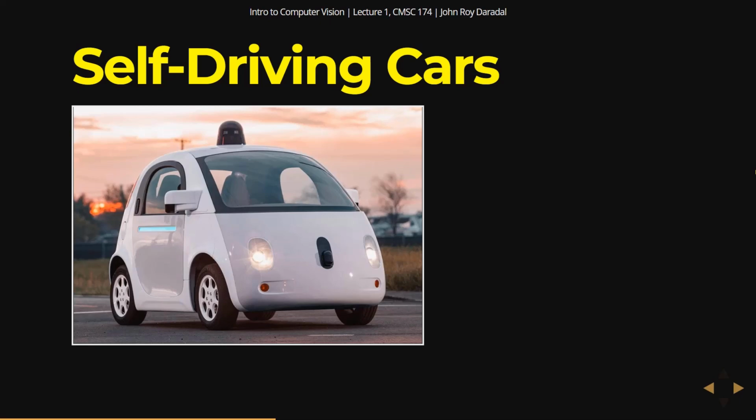You have to group together pixels to be able to maybe form a car. So this is a car, so there's an incoming car, so I have to avoid it, something like that. Or if there's nothing, if it's purely the road that you can see, then you can just fully go ahead, right? So that's helpful for self-driving cars.